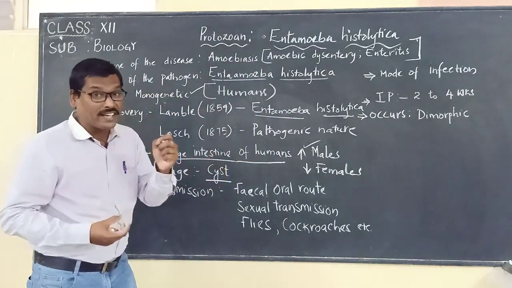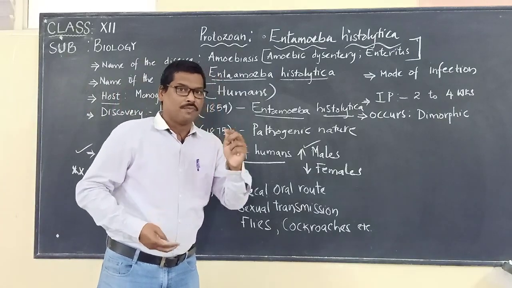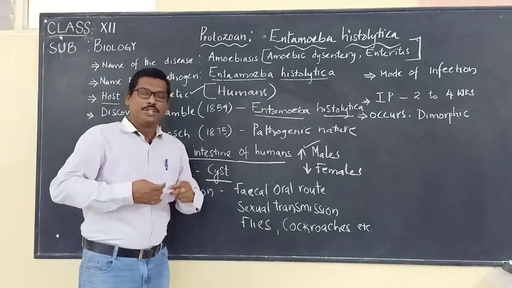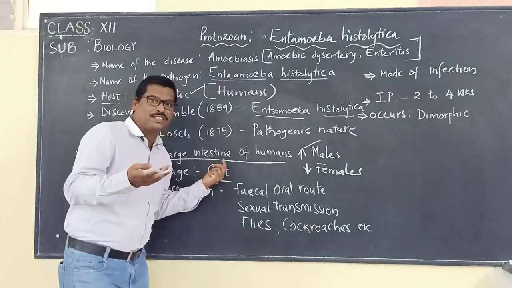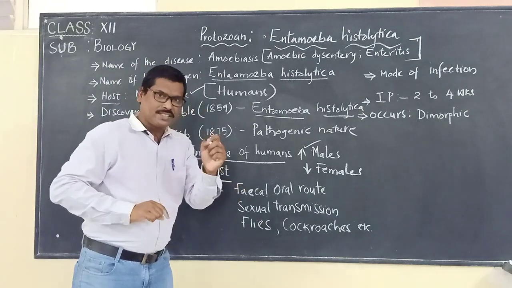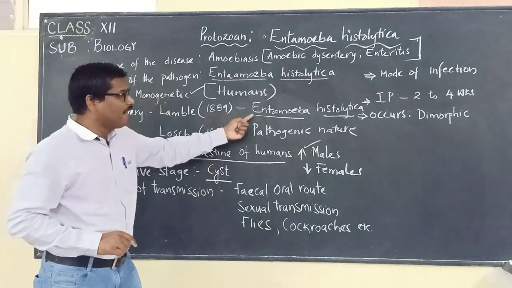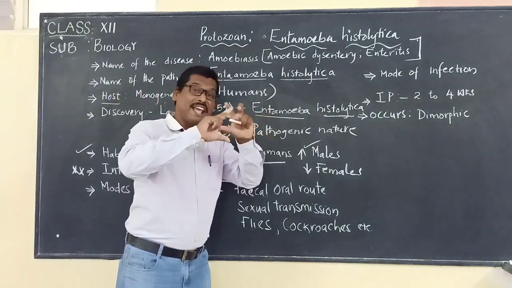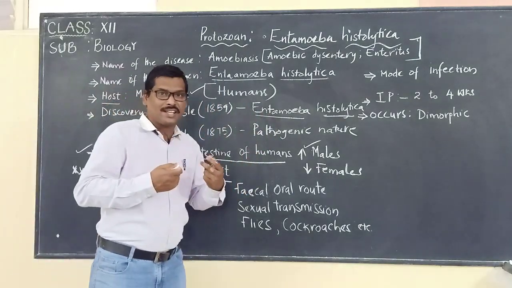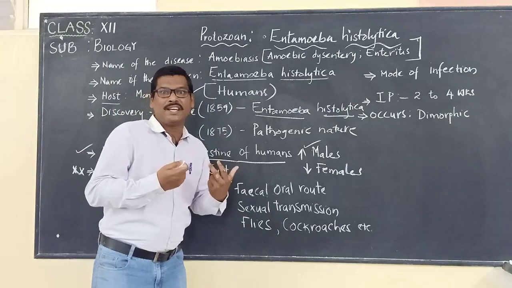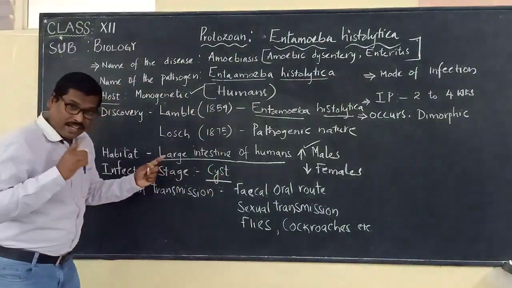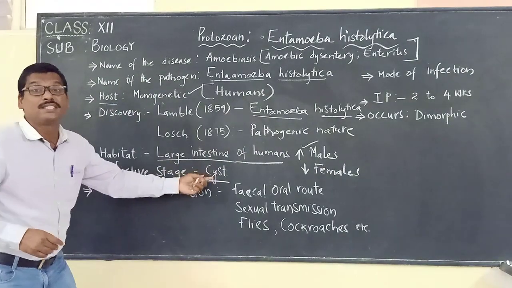This cyst protects from desiccation, from high and low temperatures, and prevents dehydration. In the same way, Entamoeba histolytica is enclosed by a cyst to protect itself from various chemicals produced in the digestive system of human beings. So here the infective stage is the cyst form.